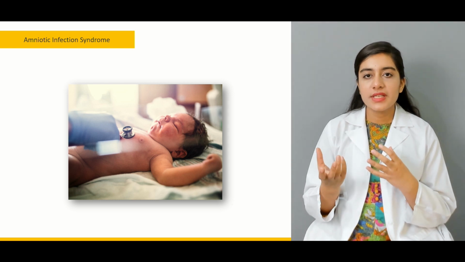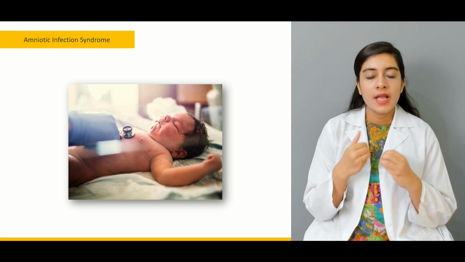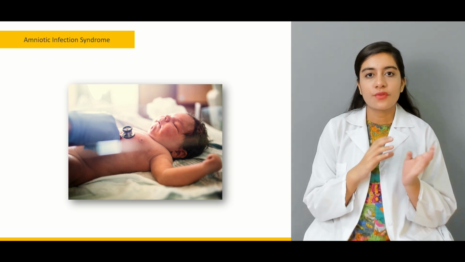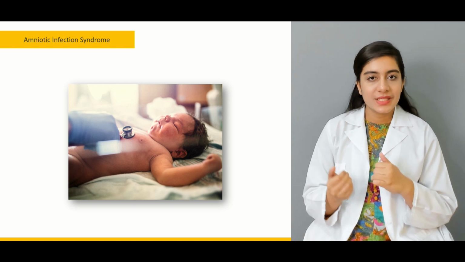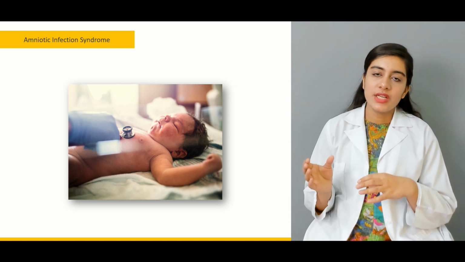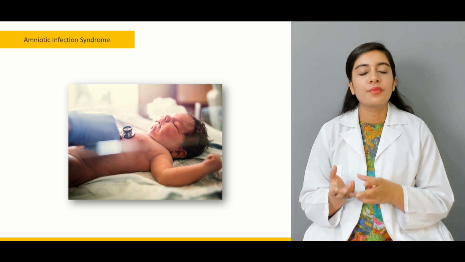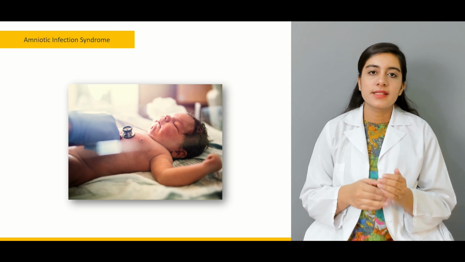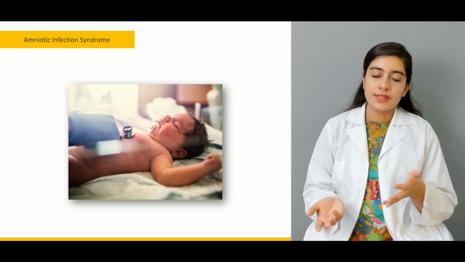The source of the disease is going to be the mother, and the organism will be transferred from the mother's blood into the fetal blood in the intervillous spaces, and will reach the fetal area and the surrounding environment from the umbilical cord, and hence amniotic infection syndrome will result.